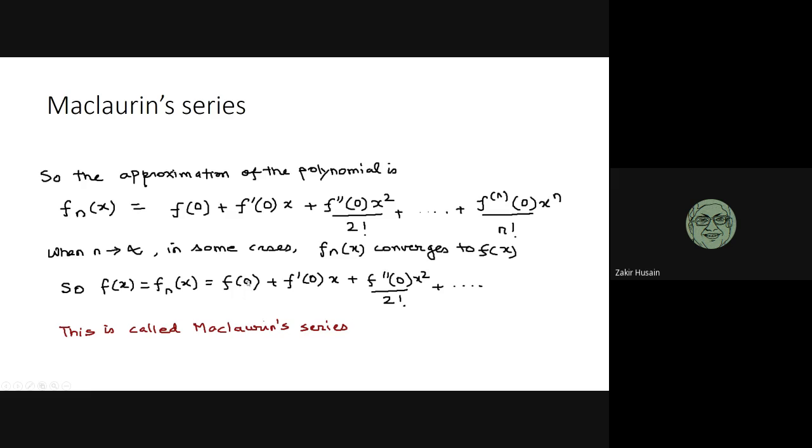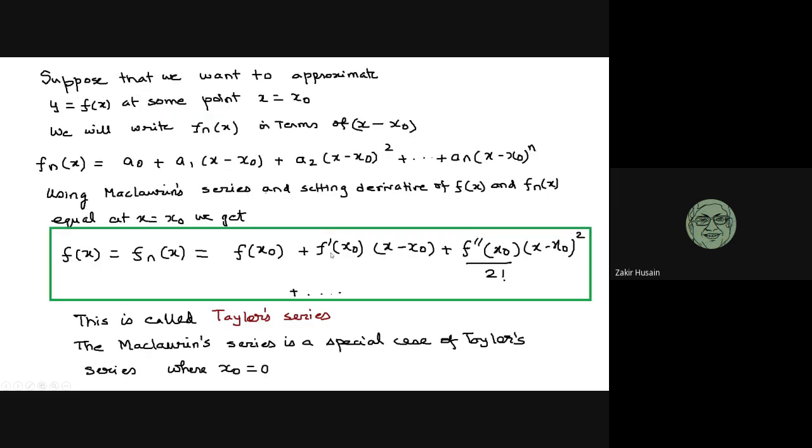Look over here, f prime 0 into x. What have I written? For f prime, I've written x0 over here. Okay, I'm evaluating at x0. Sir, have you replaced the zeros with x0? Yes.